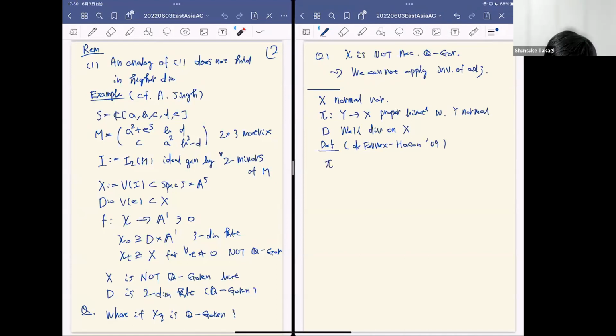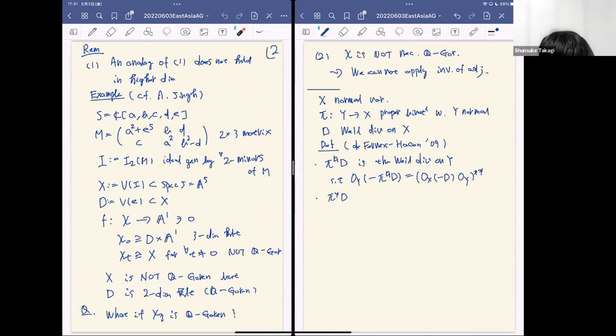First, they define the natural pullback of D. The natural pullback of D is the Weil divisor on Y such that the corresponding sheaf is equal to the reflexive hull of the image of O_X(-D).